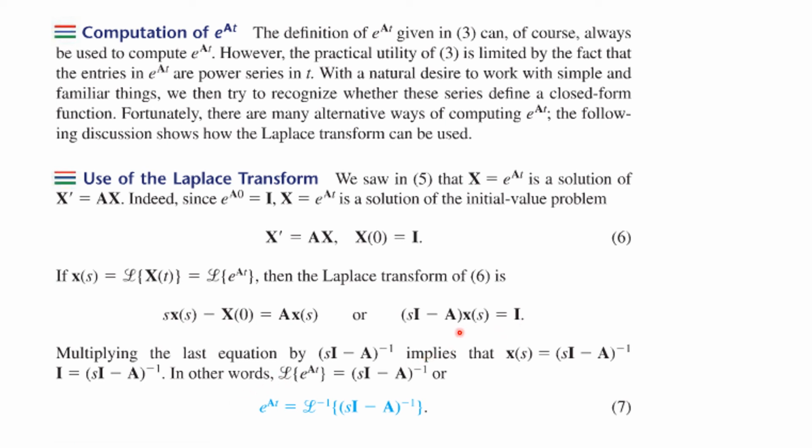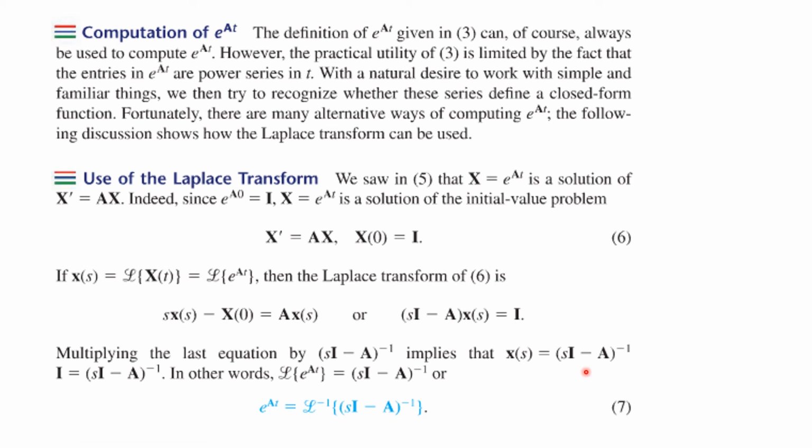Now, what we can do is multiply by the inverse, and it's not really multiplying, it's operating by the inverse, but we're multiplying the matrices, so the inverse on both sides. So when we multiply this side by the inverse, we just get X(s). When we multiply the identity times the inverse, we get (sI minus A) inverse.